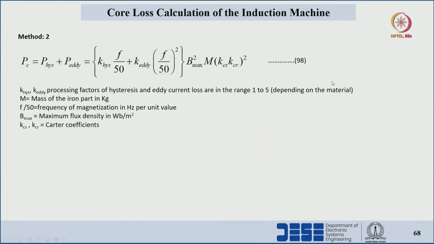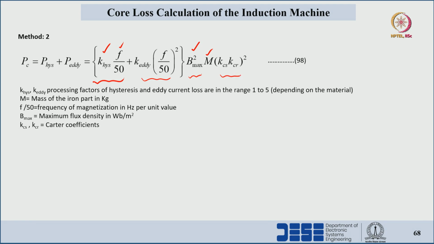Next, in method 2 we will calculate the loss by utilizing some formulas. The hysteresis loss is nothing but K hysteresis loss coefficient into frequency into flux density square into mass. That is the general equation for the hysteresis loss, and the eddy current loss will be proportional to frequency square and Bmax square.